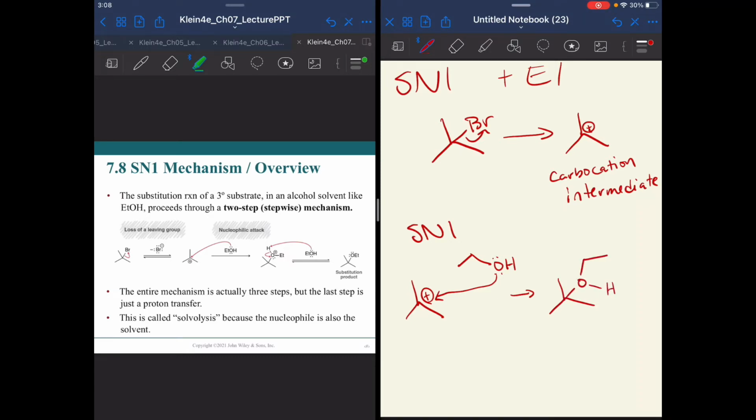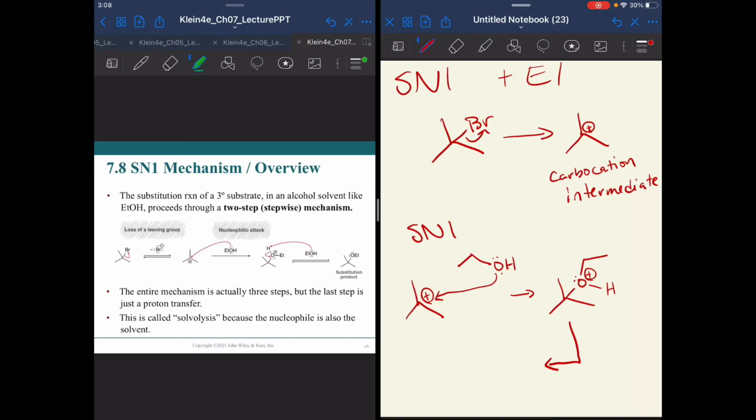And something we want to pay attention to, that proton on the alcohol is still there. We can't just get rid of it without saying how, right? A mechanism shows all the bonds breaking and forming. So there is a third step in an SN1 reaction frequently, and that is the removal of that proton. Now, there is no strong base here.